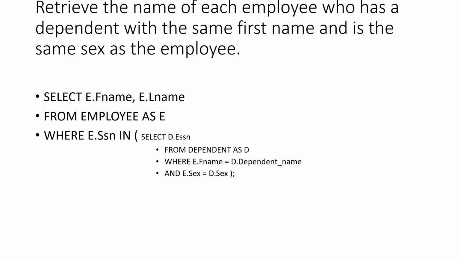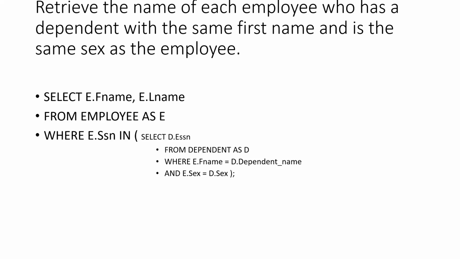So the inner query selects the employee SSN from the dependent table in which the dependent's first name and the employee's first name are equal, and the dependent's sex and employee's sex are equal. Such tuples are selected and compared with the employee table.